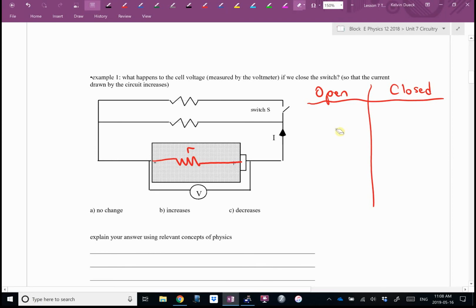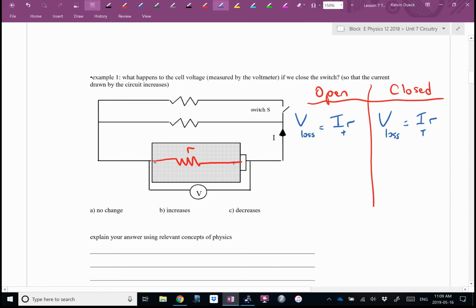With this open, the little bit of voltage lost going through the battery is going to be I total times little r. With this closed, let's put a little I total right there, the voltage loss is also going to be I total times little r.